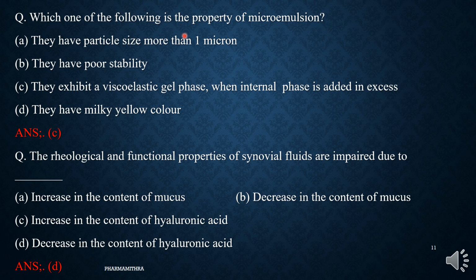The correct one among the properties of microemulsion is that it exhibits a viscoelastic gel phase, that is, it has a low viscosity with Newtonian behavior as seen in case of microemulsion. So option C is the right answer.